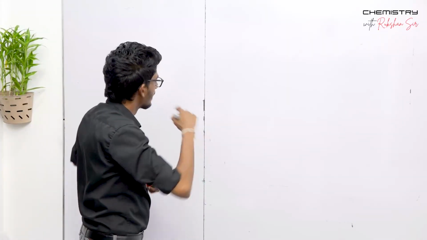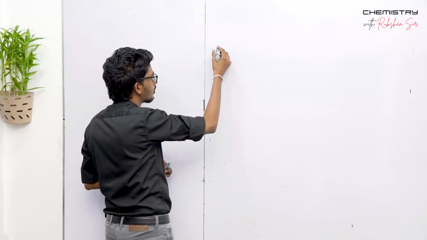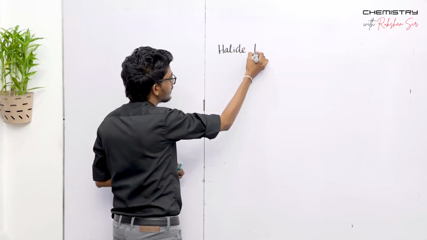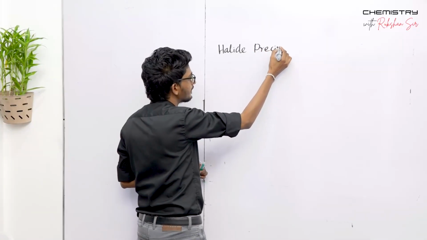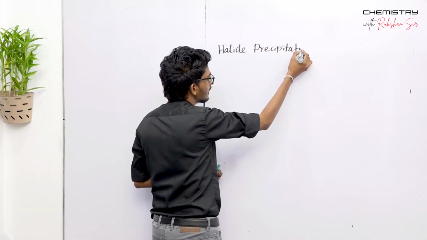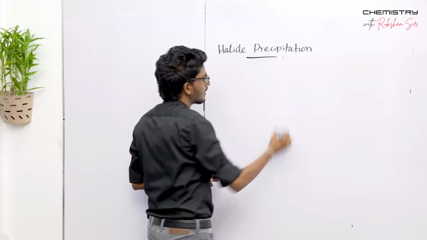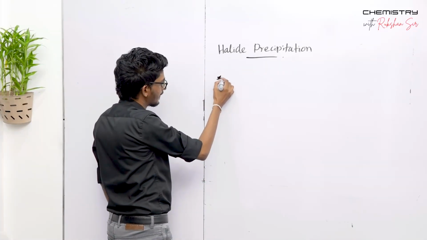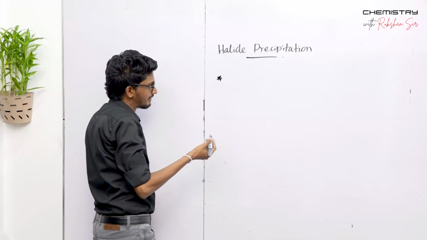Chloride precipitation, or halide precipitation. Now, in the S block, no one will get precipitated as halides, right?